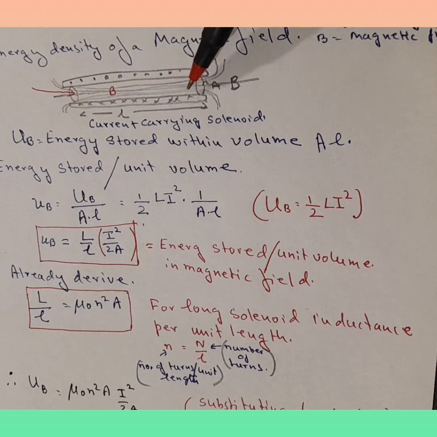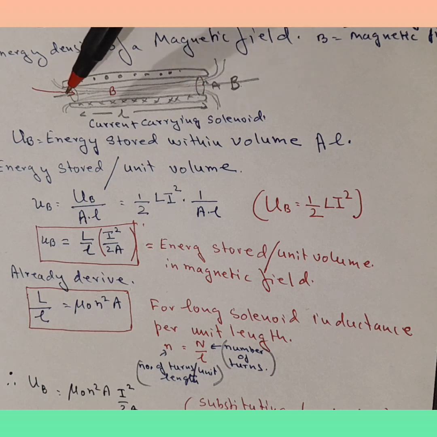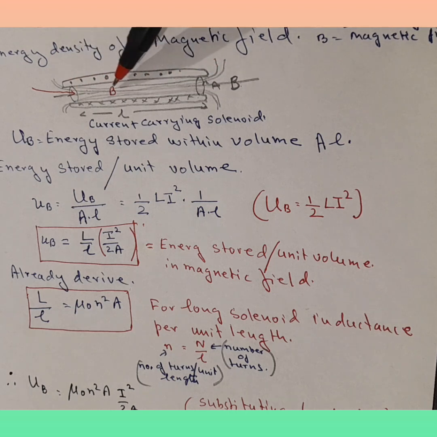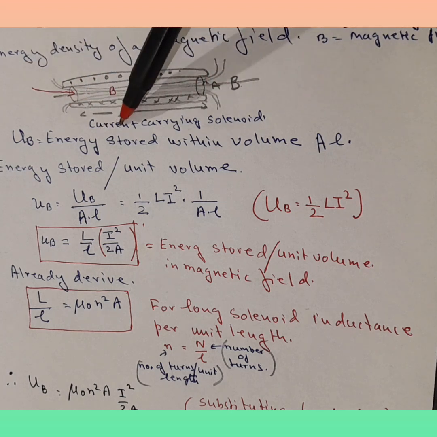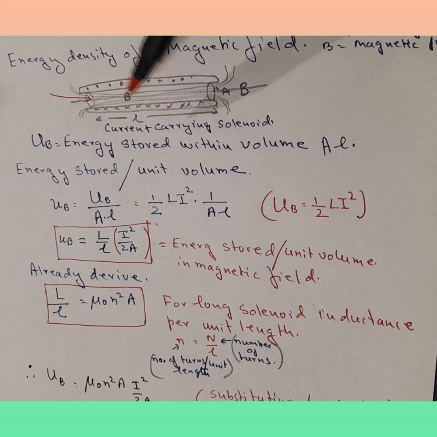This is the length of the solenoid, and the magnetic field generated owing to these coils circulating around the tube is B. We are not concerned with the outside, and on these two sides whatever magnetic field is generated cancels each other, so it doesn't generate any field inside. So we are concerned about this.